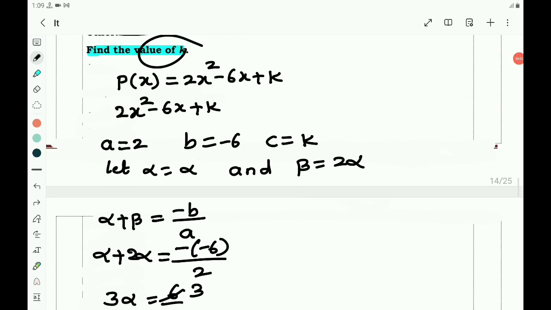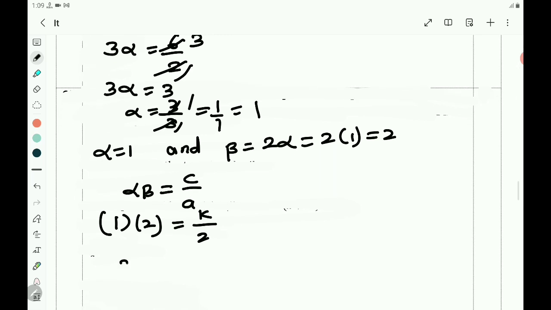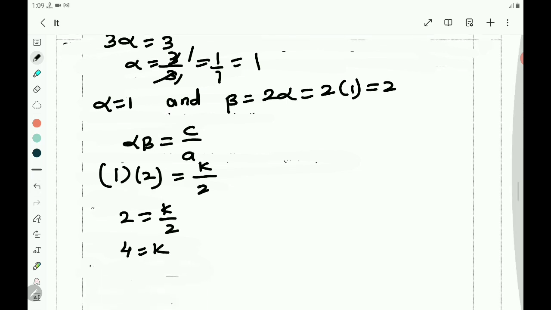C is equals to k. C is k and a is 2. C by a is k by 2. Then 2 equals k by 2. So 2 into 2, 4 equals k. Then k equals 4. You got the value of k is 4.